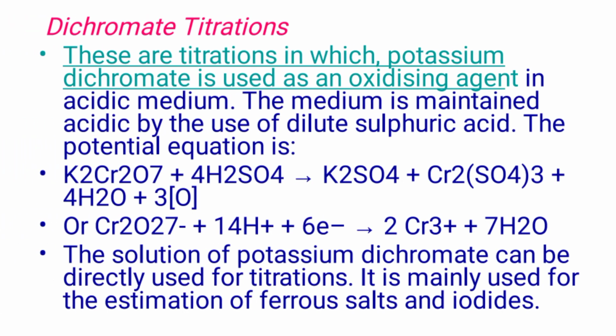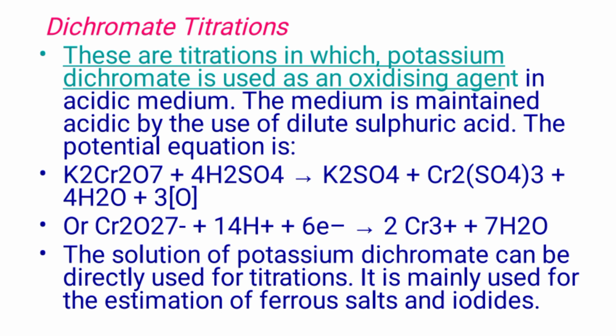Number 2 is dichromate titrations. These are titrations in which potassium dichromate is used as an oxidizing agent in acidic medium. The medium is maintained acidic by the use of dilute sulfuric acid.